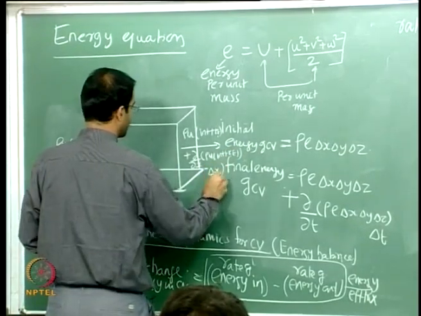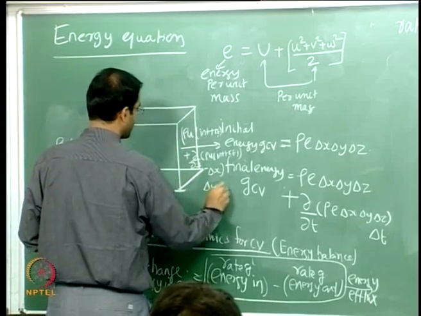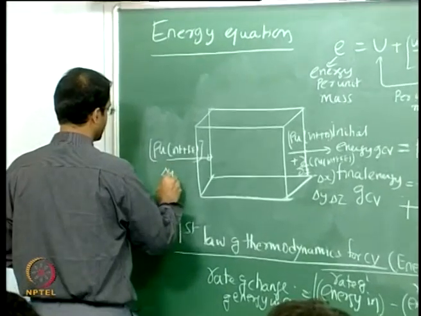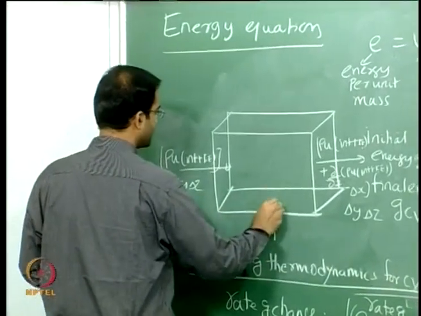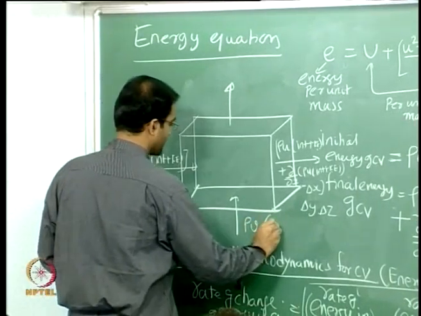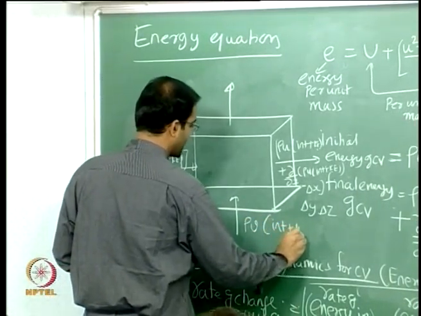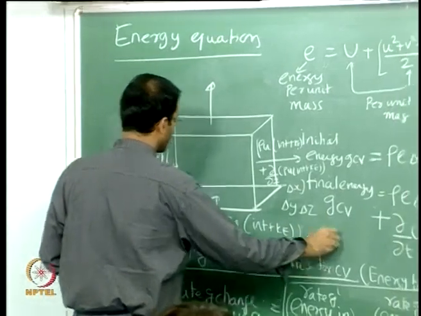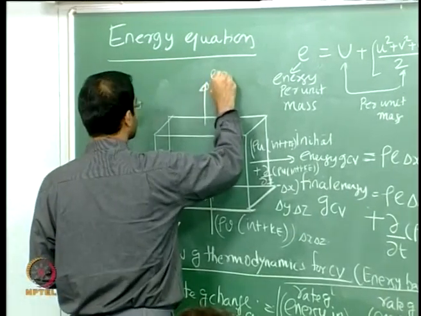You have the entire thing multiplied by delta y delta z. Similarly in this direction, you can write rho v into internal plus kinetic energy into delta x delta z.